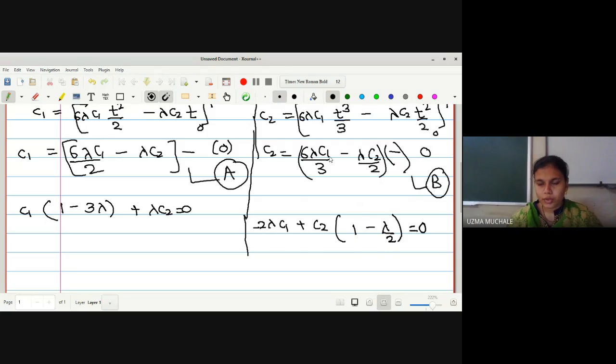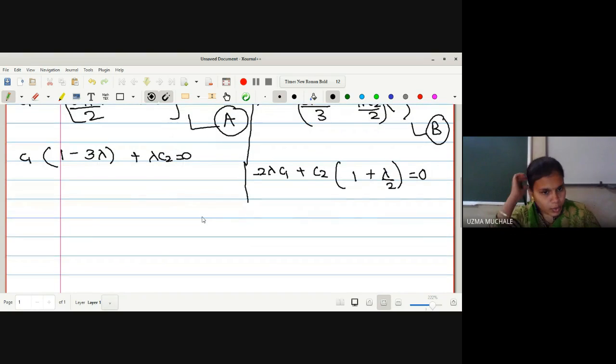Thus simply we are simplifying the equations A and B. So 3 twos are 6, and this will be 2 lambda C1 with negative sign, and this C2 if I take outside it will be 1, and here this is with positive sign. So here it will be 1 minus 3 lambda, and this C1 outside, and this minus will be plus lambda C2.